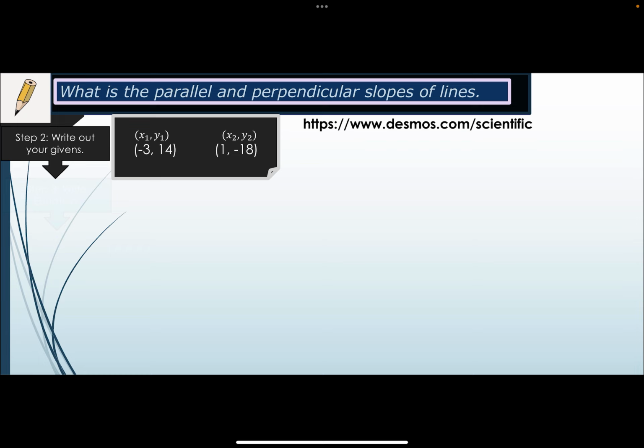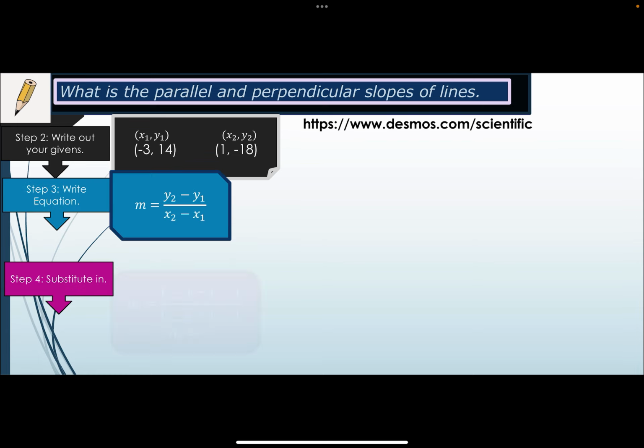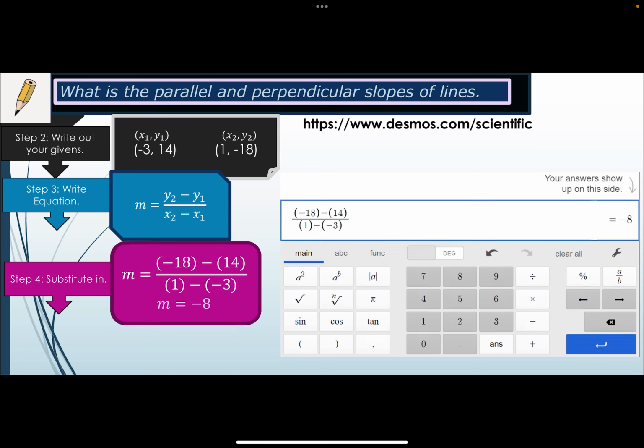Okay. But if we look at our next example, negative 3/14 and 1 negative 18, well, we plug that into the formula, we get negative 18 minus 14 divided by 1 minus negative 3, which gives us negative 8. So our original slope is negative 8. So that means my parallel slope is the same, negative 8. My perpendicular slope, I change the sign so negative becomes positive.